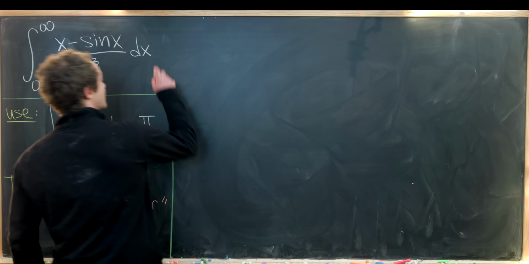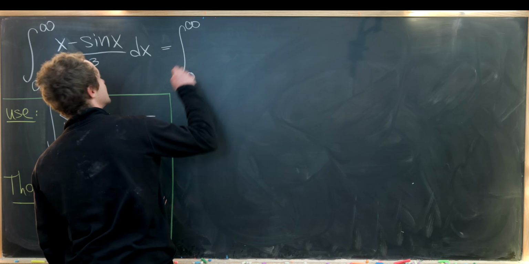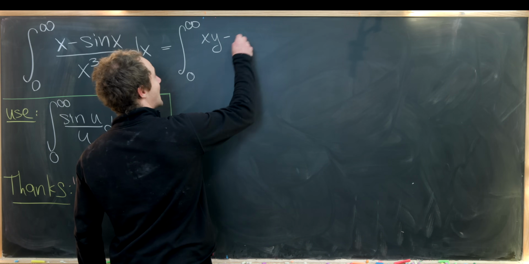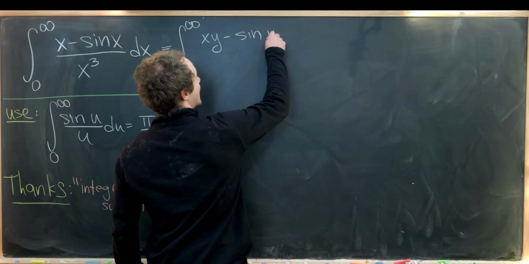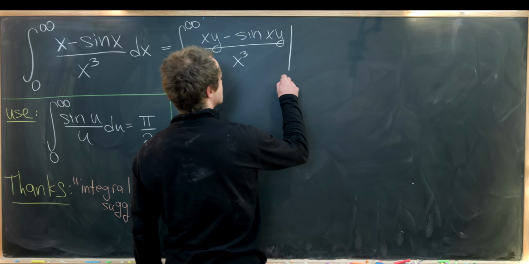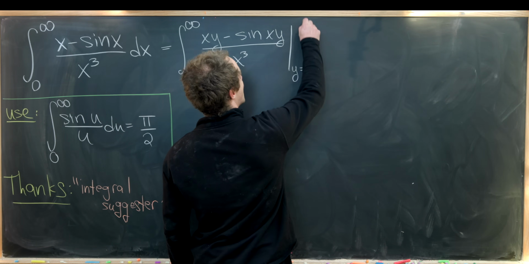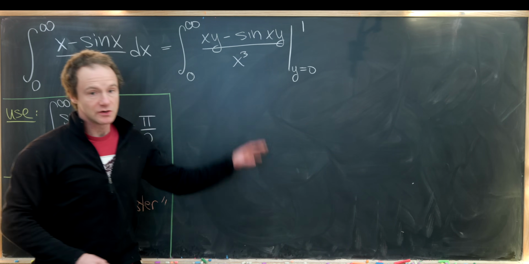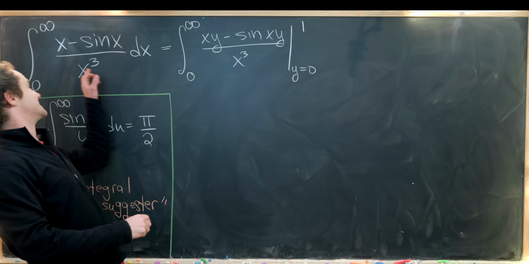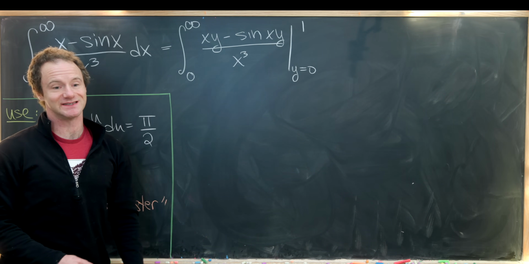Okay, so let's first notice that this looks like the integral from 0 to infinity of (xy minus sine of xy) over x cubed, where we've evaluated this from y equals 0 to y equals 1. Notice putting in y equals 1 gives us this exactly. Putting in y equals 0 just gives us 0.